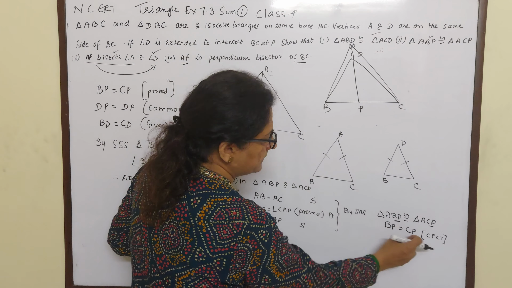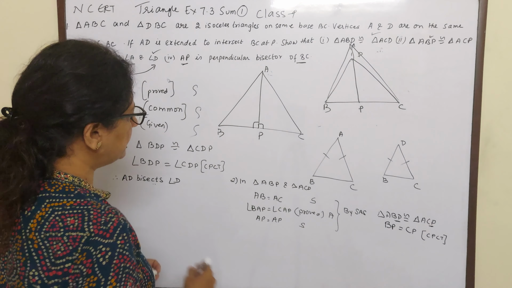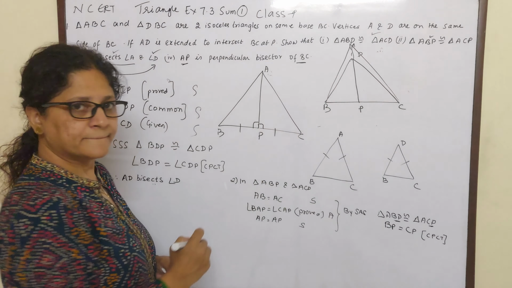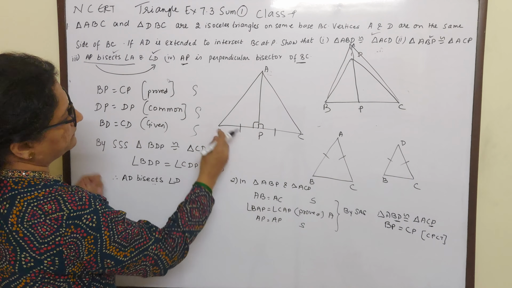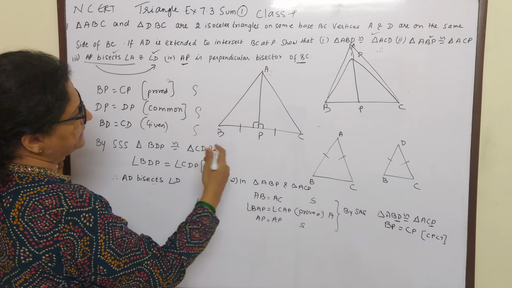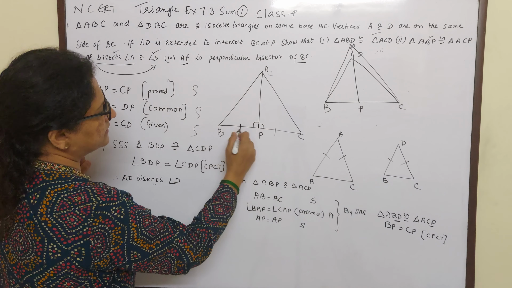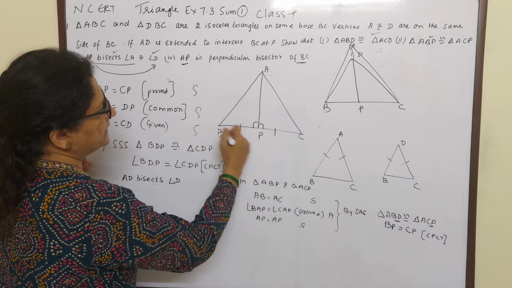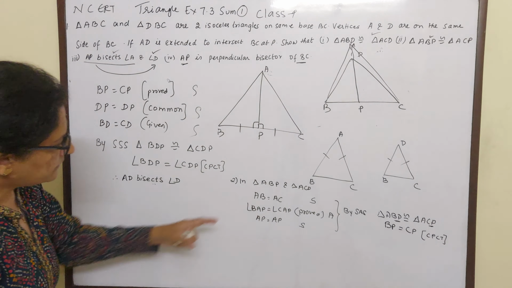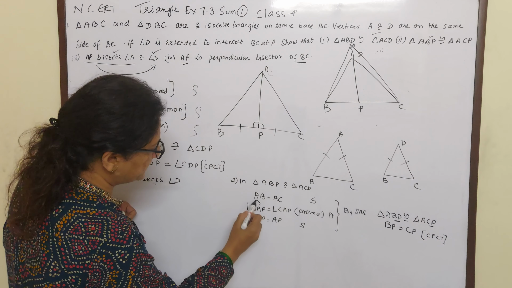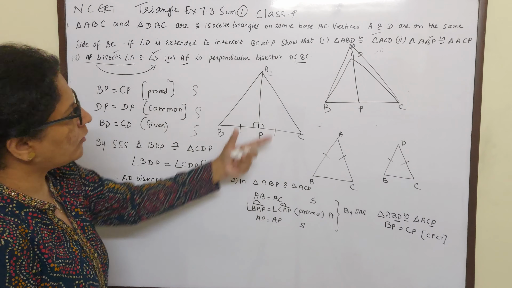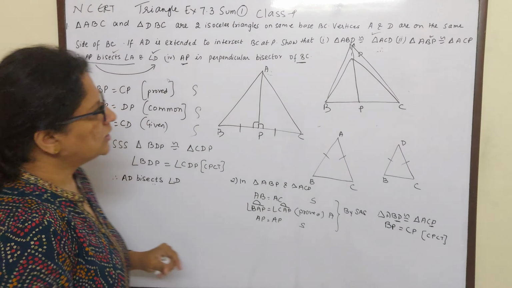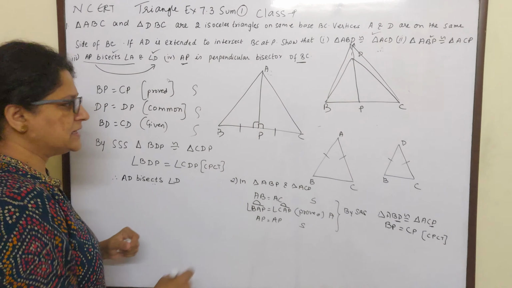We know already BP is equal to CP. Right? And just now we proved angle BDP is equal to angle CDP. So we can also say, children, in here angle BPA and APC are also equal because we proved here that ABP and ACP are equal. If you take all these triangles, any one, you can see that APB and APC are equal.